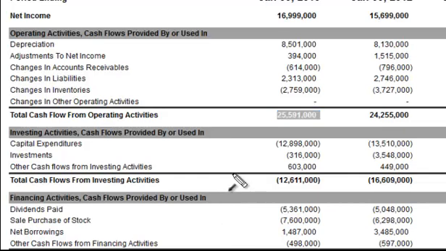Now let's assume for one moment that the company, in this case we don't have it, had no cash flow from operating activities, or very low, so they weren't able to make any capital expenditures and grow their business. And instead of seeing a negative number here, you saw a positive number. If you saw that, you would know that the company had cash flow in from the sale of investments.